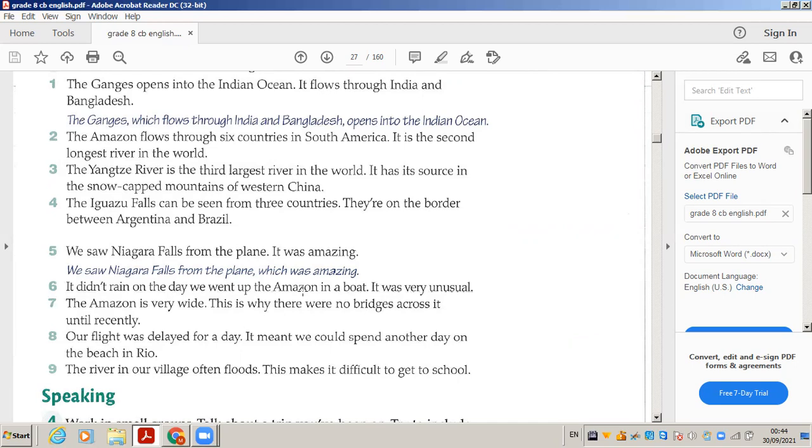And the answer, our flight was late for a day, comma, which meant we could spend another day on the beach in Rio. Number 9, and the last one. The river in our village often floods. This makes it difficult to get to school. And the answer would be, the river in our village often floods, comma, which makes it difficult to get to school. I hope you got it.